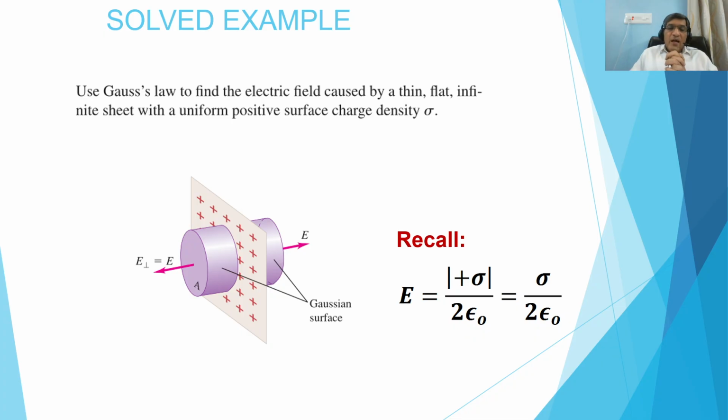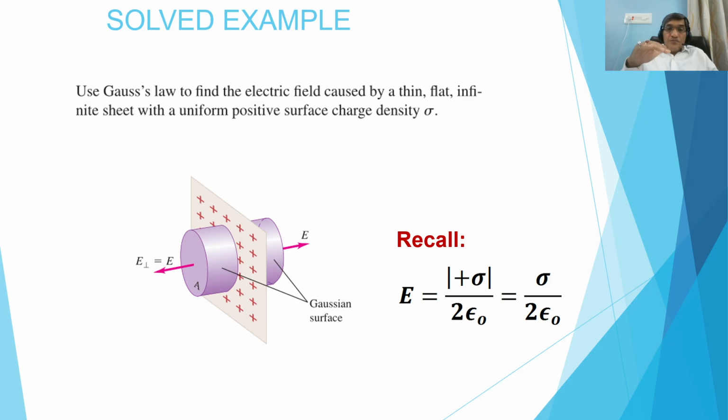And as you see, this answer is independent of r. So this is the way by which we produce a uniform electric field. This field is independent of distance. As we move far away from the uniformly charged sheet, the electric field doesn't decrease in magnitude. Its magnitude is constant as we move away from the sheet. This is a very important question from your competition point of view. Which of the following produces the uniform electric field?